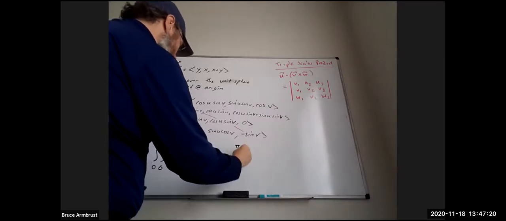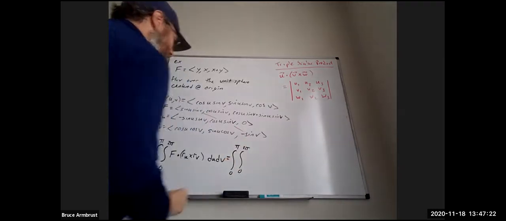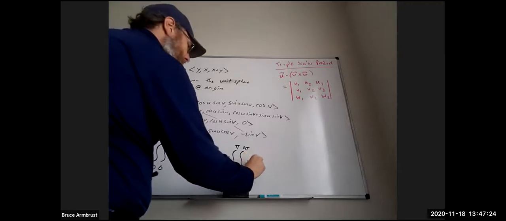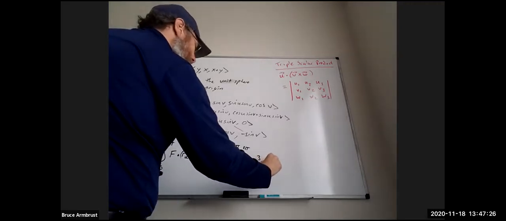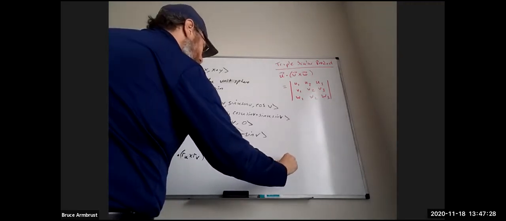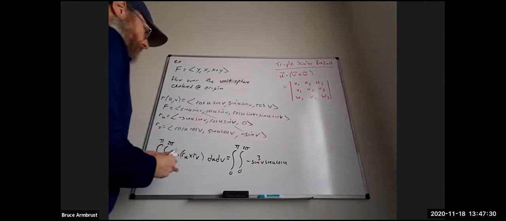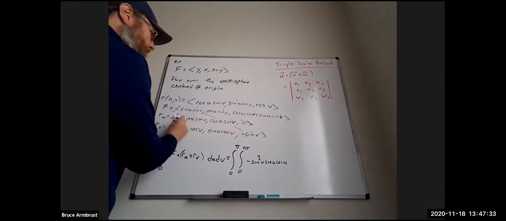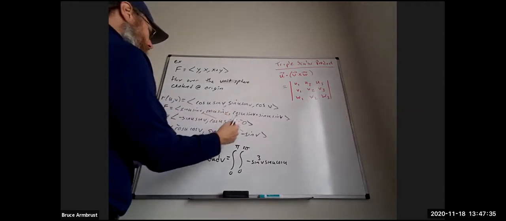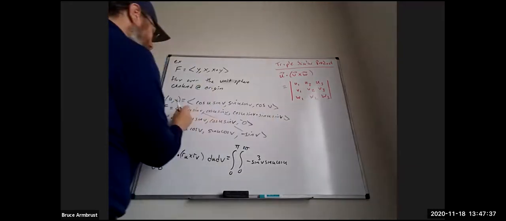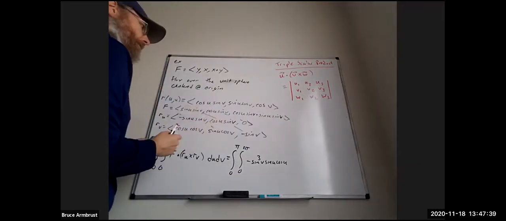So we're integrating 0 to pi, 0 to 2 pi of minus sine cubed v sine u cosine u. That's that one. And then I'm going to get 0, because I got that times 0. Then I've got this horrible thing.